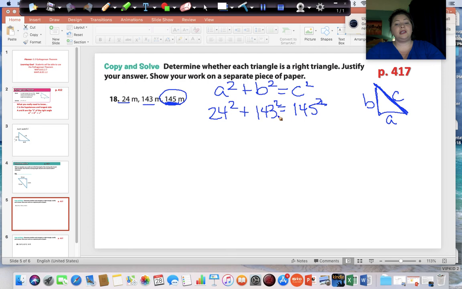Okay, and we want to put these into our calculator to double check if this is correct. So first I'm going to do 24 squared, which is 24 times 24, or 576, and 143 squared, which is 20,449.